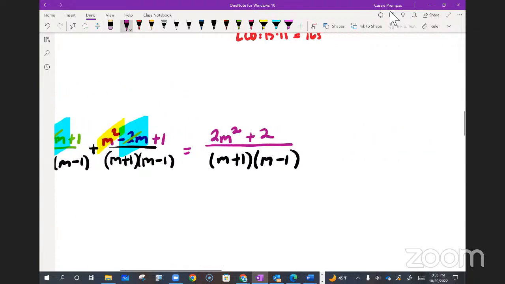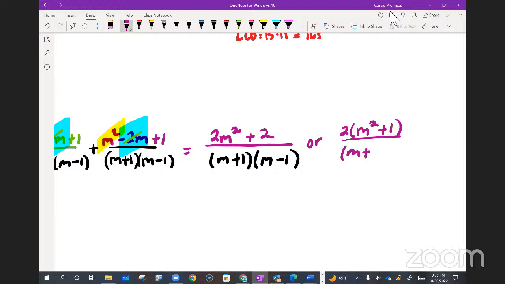Now, we can box this as long as we make sure there's no common factors in the numerator and denominator. So something you might want to do to check is factor anything that can be factored. And I see in this numerator, they both share a GCF of 2. So I would take that out as m squared plus 1.